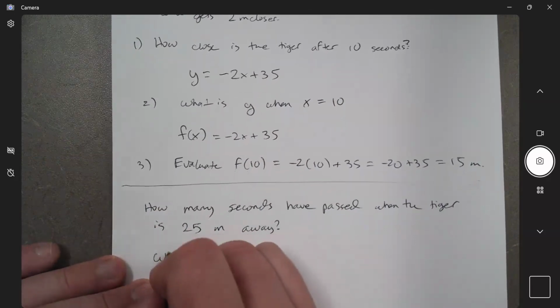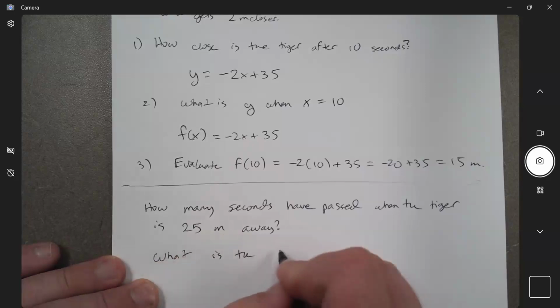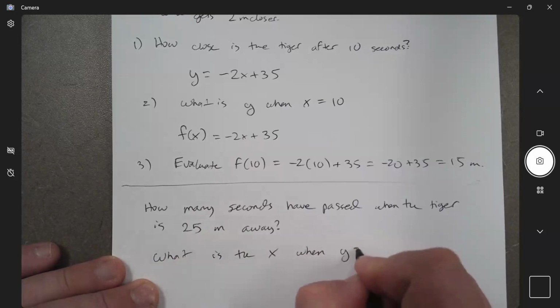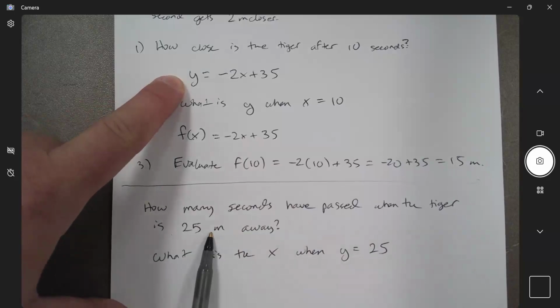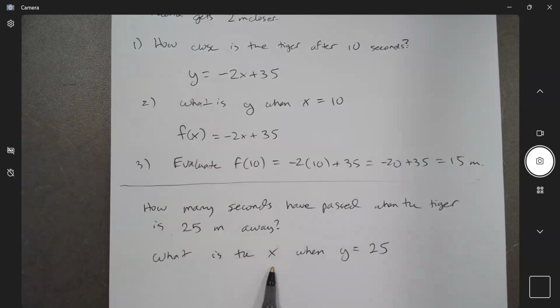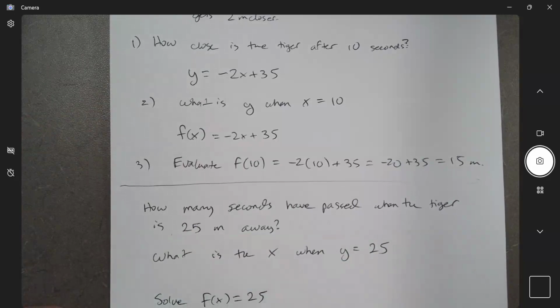Which is saying, what is the x when y equals 25? Right? The y is a distance, so we know y is 25, and what is the x? Which is equivalent to asking, solve f of x equals 25. Find the x that makes the output equal 25.